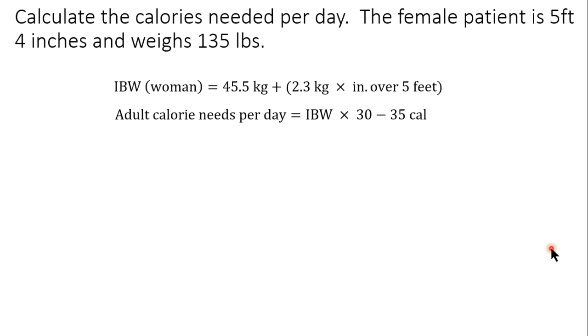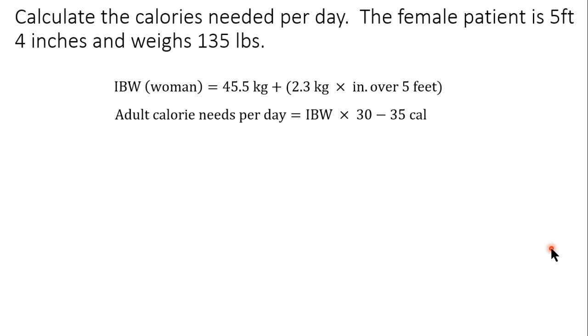So to calculate the calories needed per day, we need the IBW, and the IBW of a woman, the formula is 45.5 kilograms plus 2.3 kilograms times inches over 5 feet. And then the adult calorie needs per day equals the IBW times 30 to 35 calories.